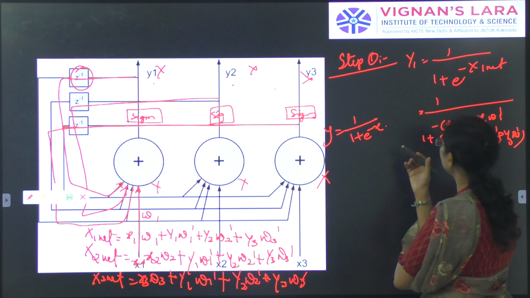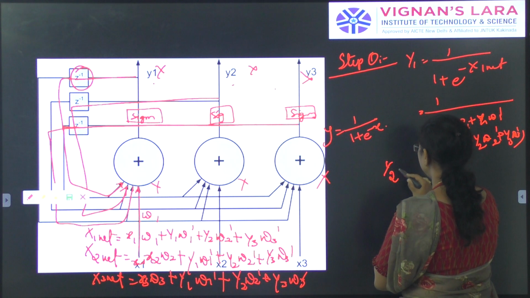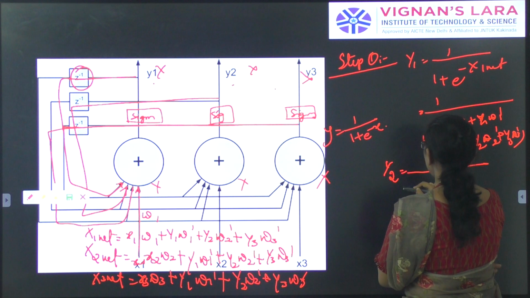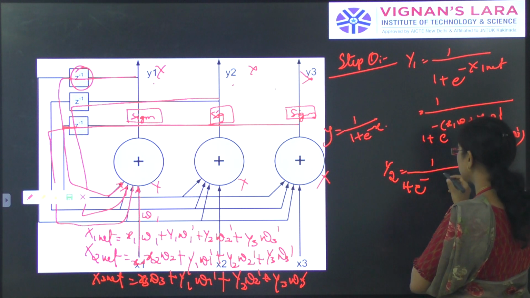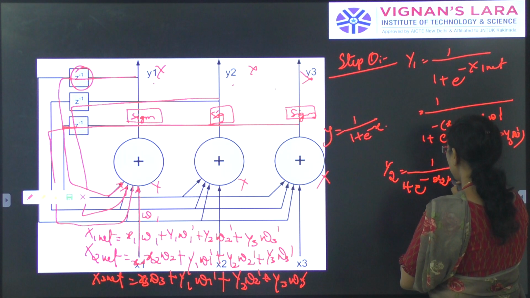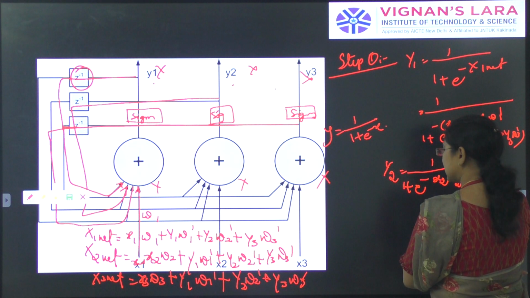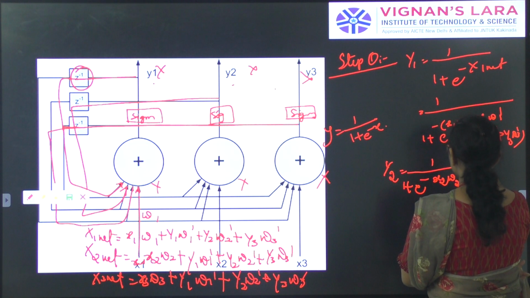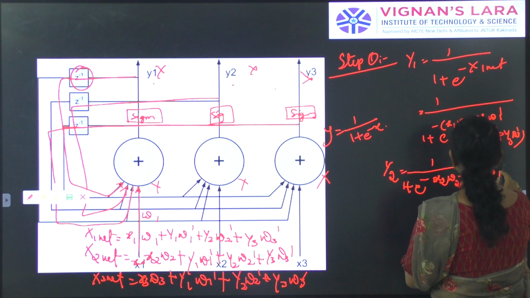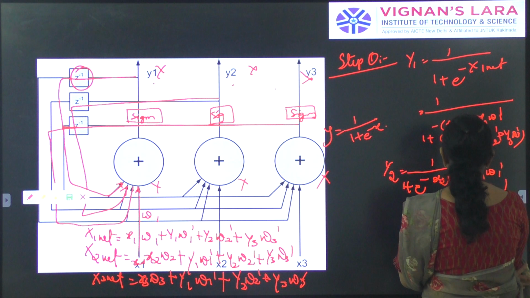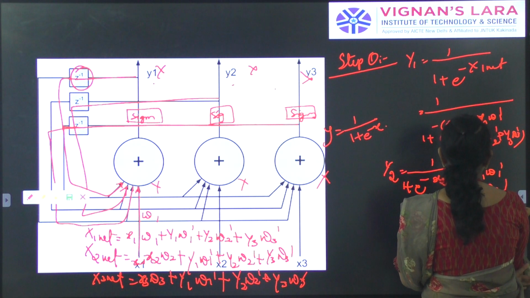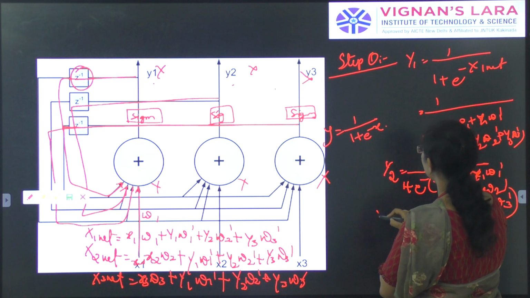Now y2 is 1 by 1 plus e power minus x2 net. What is your x2 net? x2 w2 plus y1 w1 dash plus y2 w2 dash plus y3 w3 dash. Next, y3.